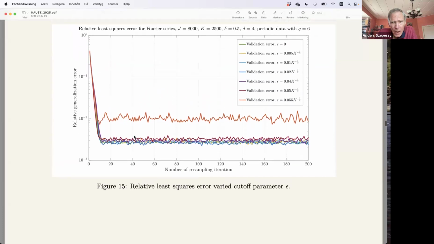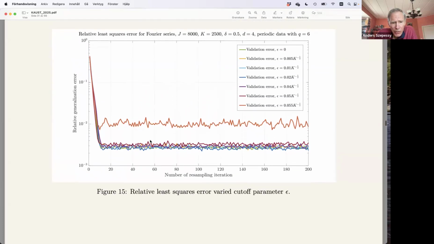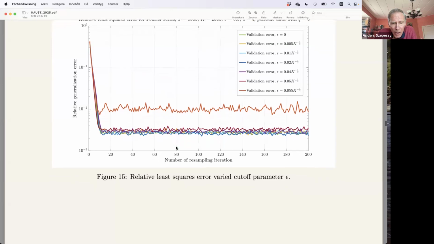The method is rather insensitive to the cutoff. So here are the results with small enough cutoff, including epsilon 0. If you take the cutoff too big, then it matters. So clearly one shouldn't take it too big. But in practice, we can take epsilon 0, it looks like in our numerical tests.